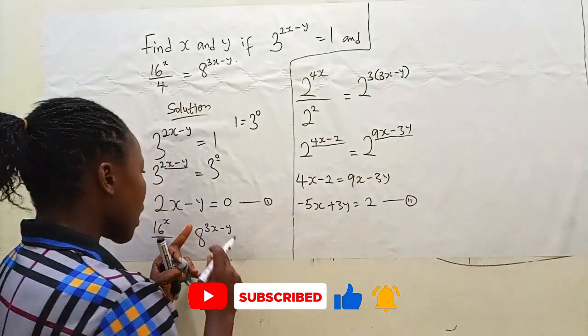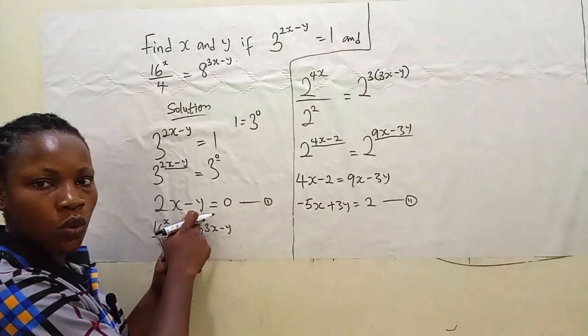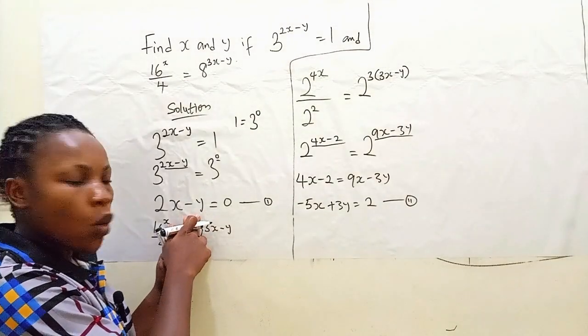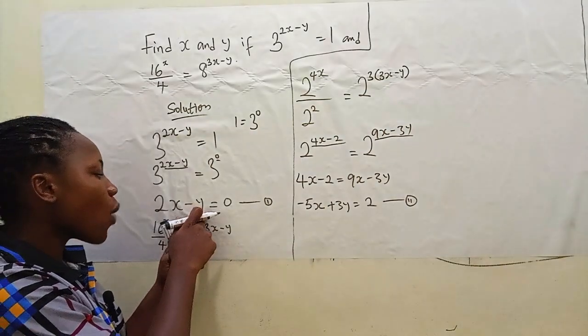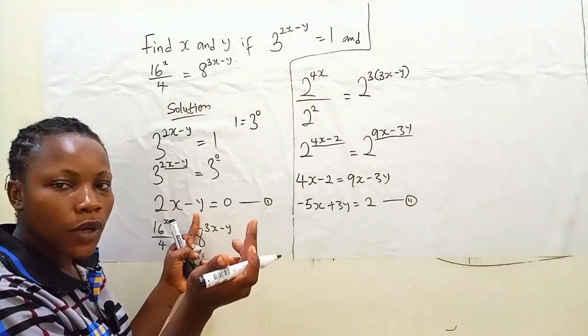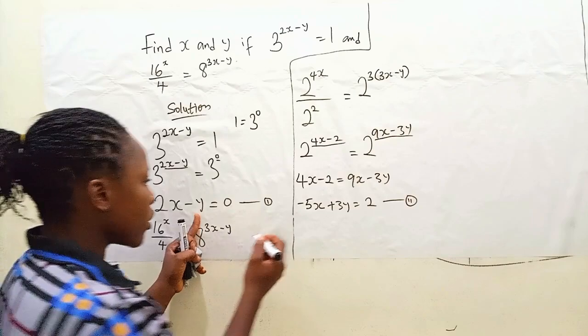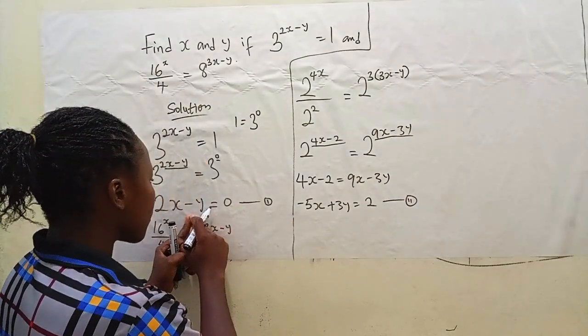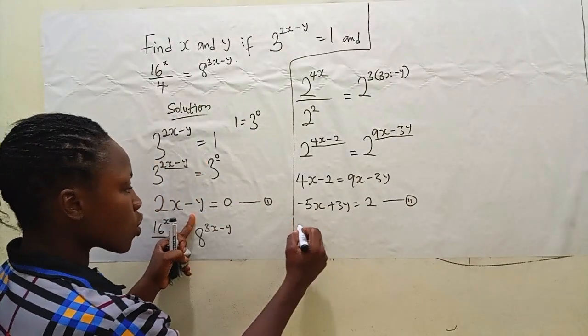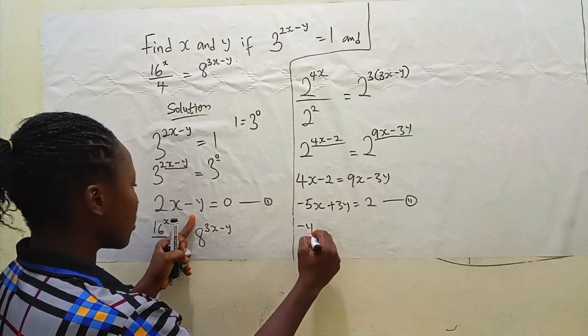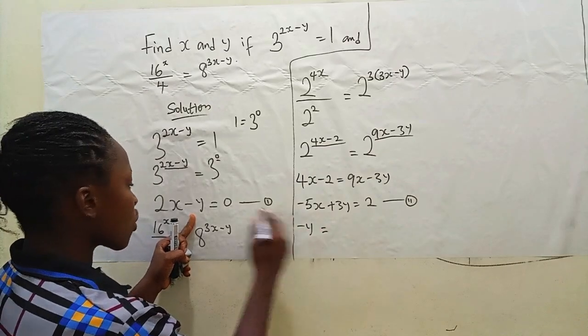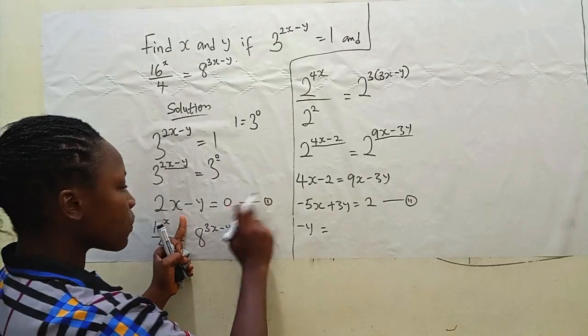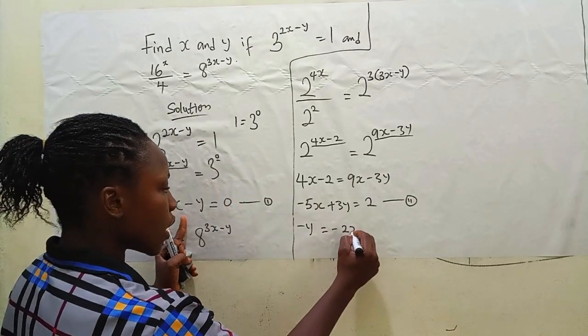Okay, now from this our equation 1, we are going to make y the subject of the formula. Alright, so here we are going to have minus y equals to, this 2 come over to this place, going to give us minus 2x.